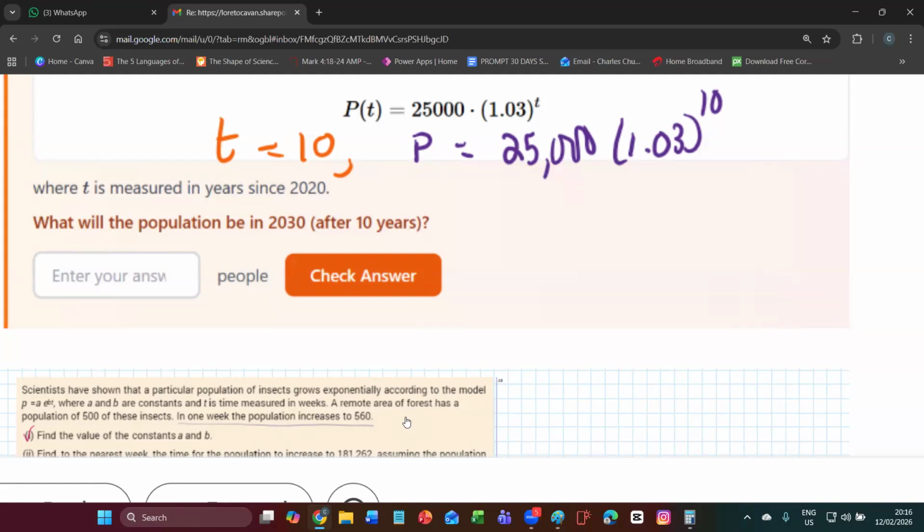Was today the first time she introduced this? Yes, sir. So there is a likelihood that she will still throw more light on it. Yes, sir.